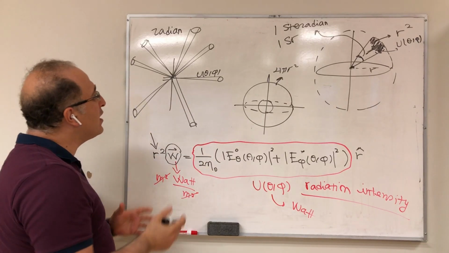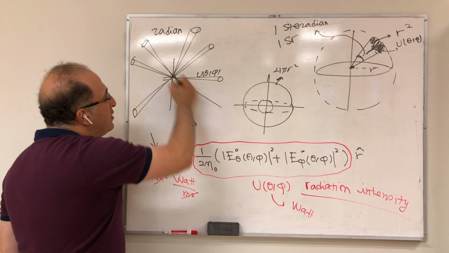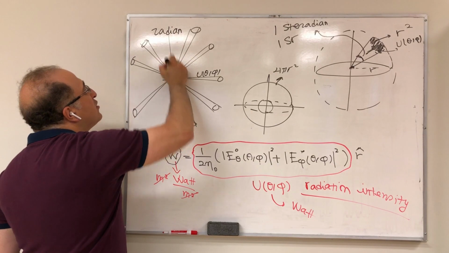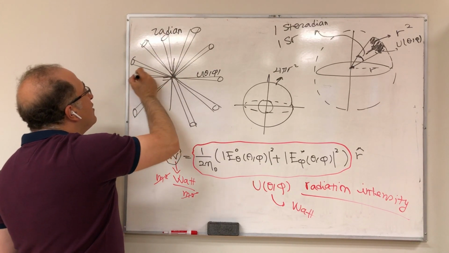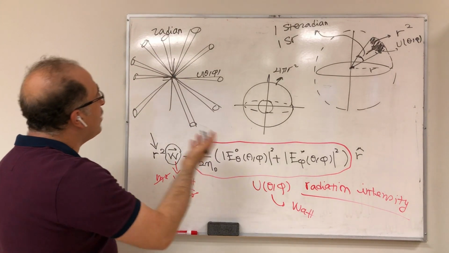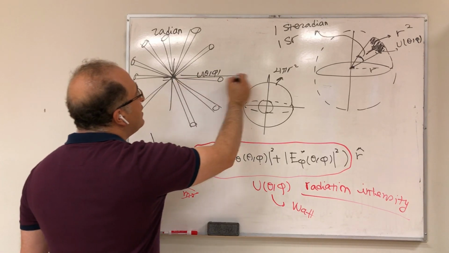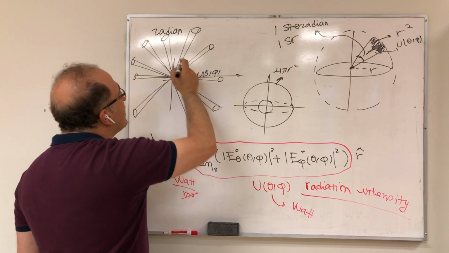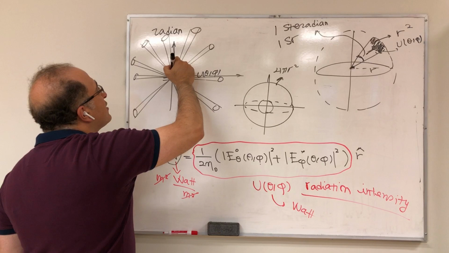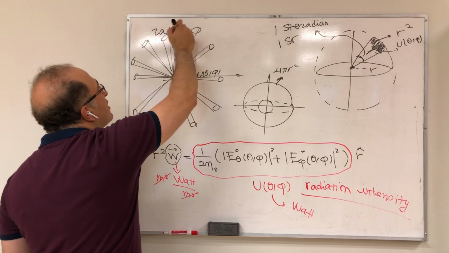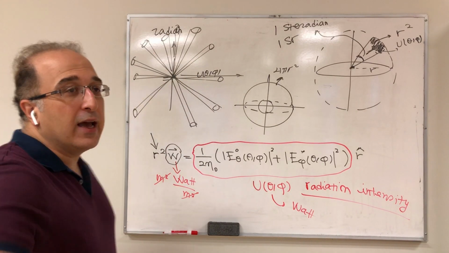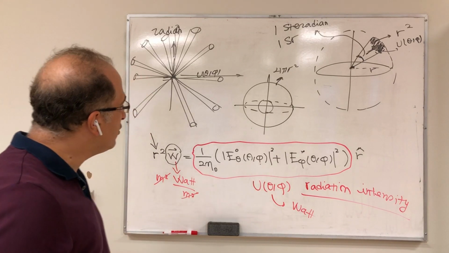So many cones around the antenna, and you're essentially distributing the power within each cone. Now, if you have your main beam in this direction, you have lots of power here. If you have your null in this direction, you essentially have no power in this particular cone.